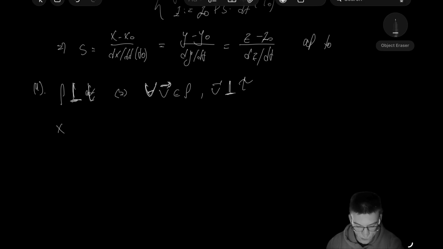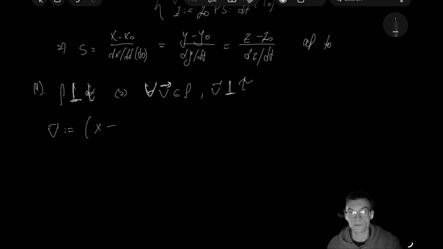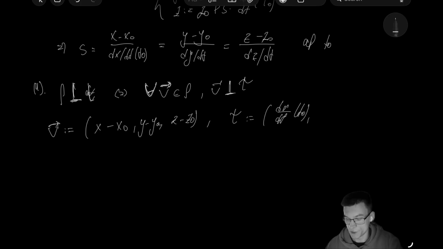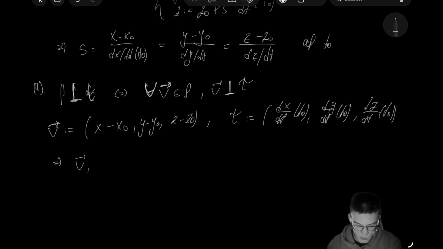For the vector v, we can define it as x minus x0, y minus y0, z minus z0, where x, y, z is an arbitrary point on our plane. The tangent vector, as we found, can be defined as dx over dt, dy over dt, and dz over dt at t0. We know that they are perpendicular, so their inner product equals 0.